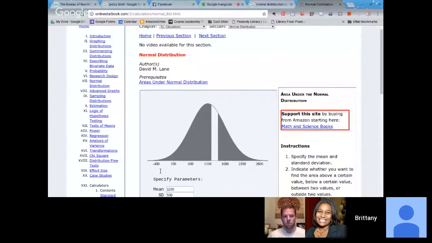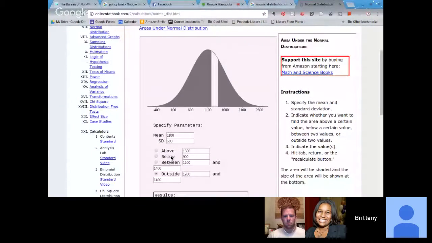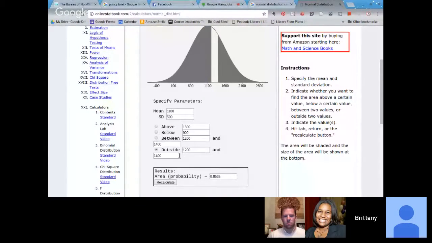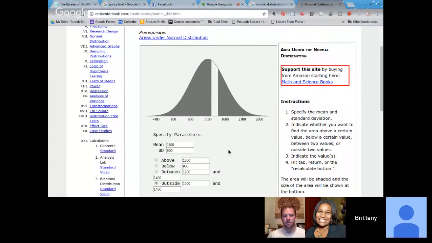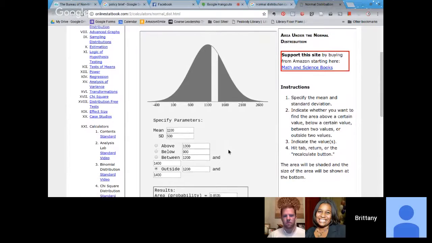So what this calculator is doing for us in real time is computing the z-scores for both of our values, and then finding the probability, or the area, that represents the group that we're interested in. I find this just so much easier and quicker than using the tables.